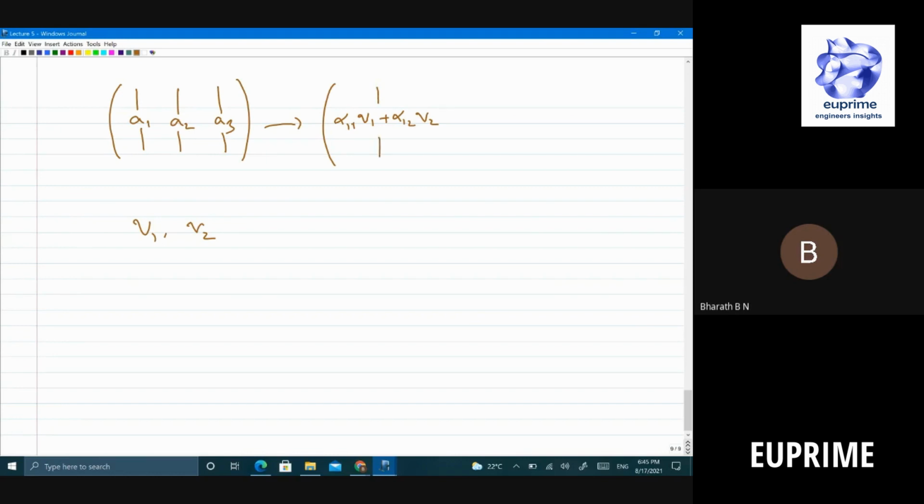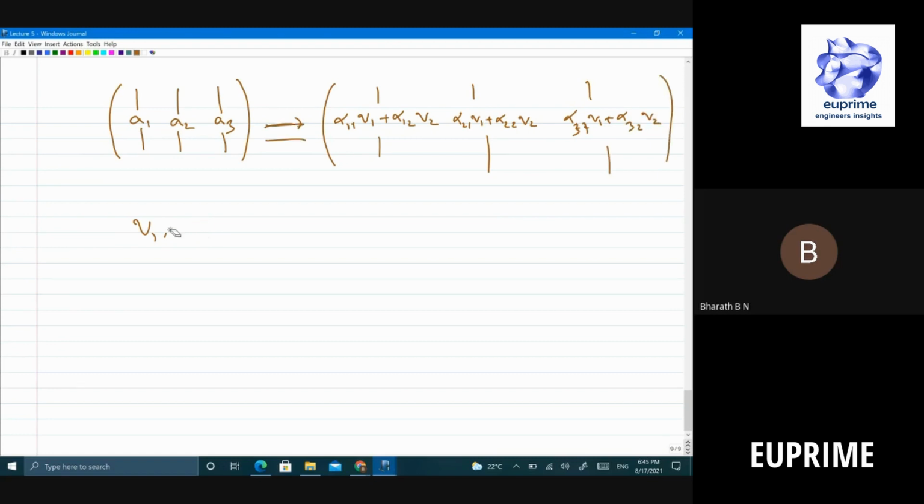A different linear combination: alpha 2 1 V1 plus alpha 2 2 V2. And the last one is alpha 3 1 V1 plus alpha 3 2 V2. Is this visible properly? Yes. Okay.